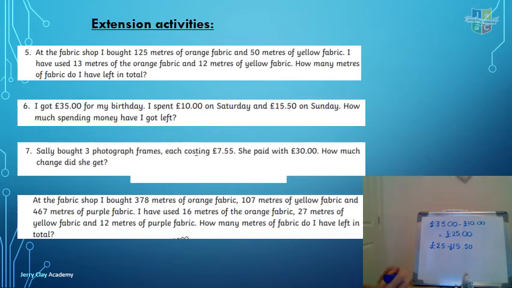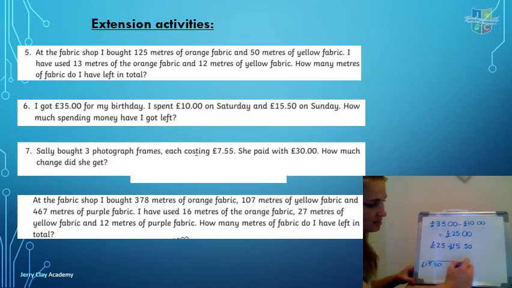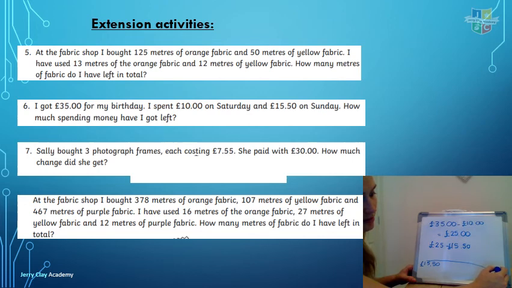£15.50. So again, there are two ways I could do this. I could have started at £15.50 and I want to get to £25, so I could have used a number line. Up to my next pound would be £16 and I've added 50 pence. I then want to get from 16 up to my next whole 10, so I could go up to 20.